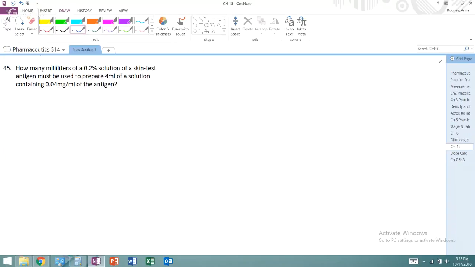Okay, so we first have to change one of the two to the same units. I'm a fan of changing the 0.04 milligrams per milliliter to a percent. But you can go either way.